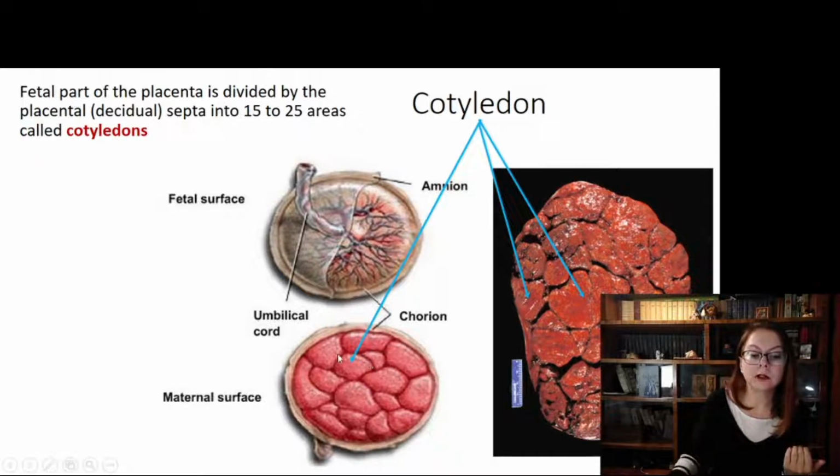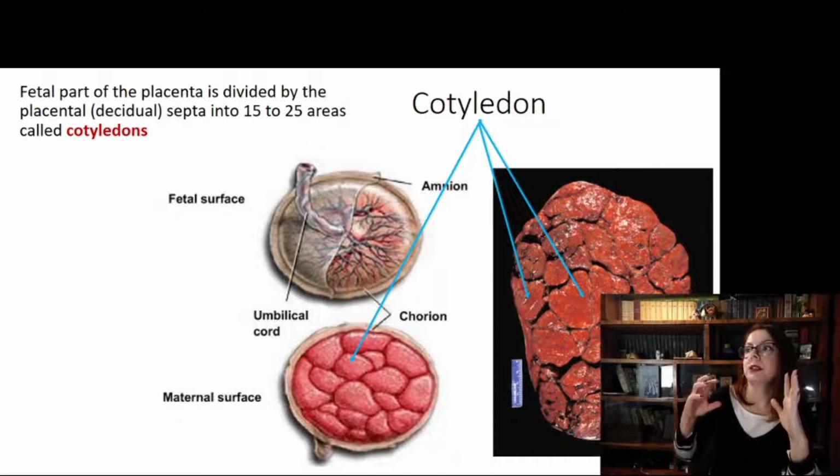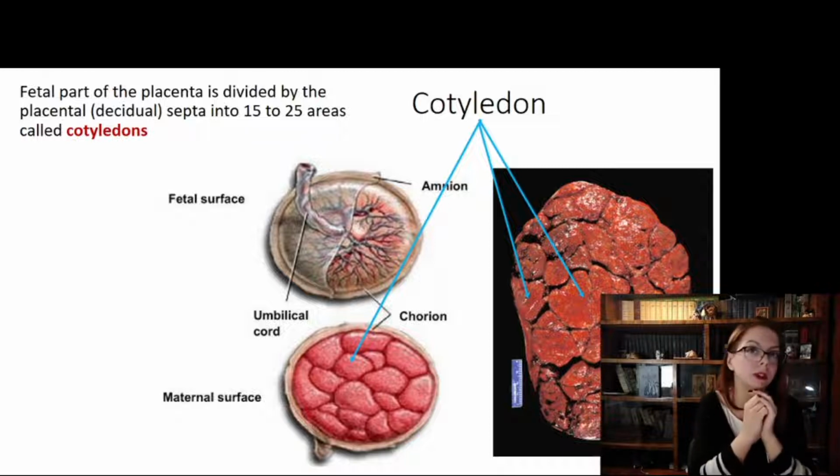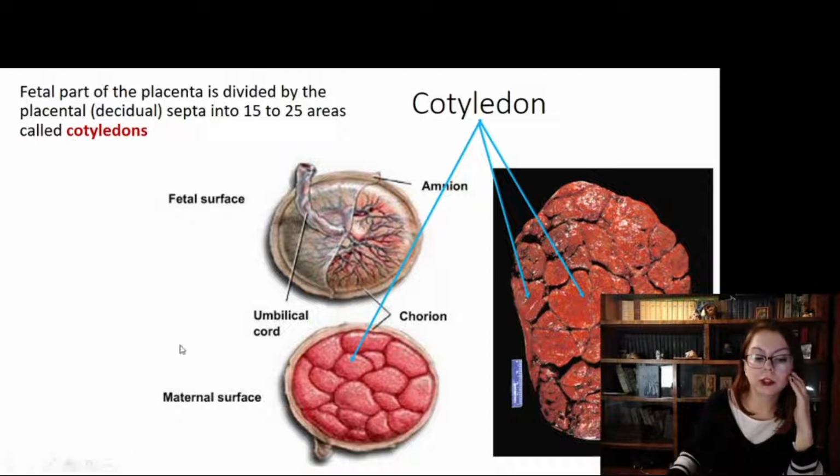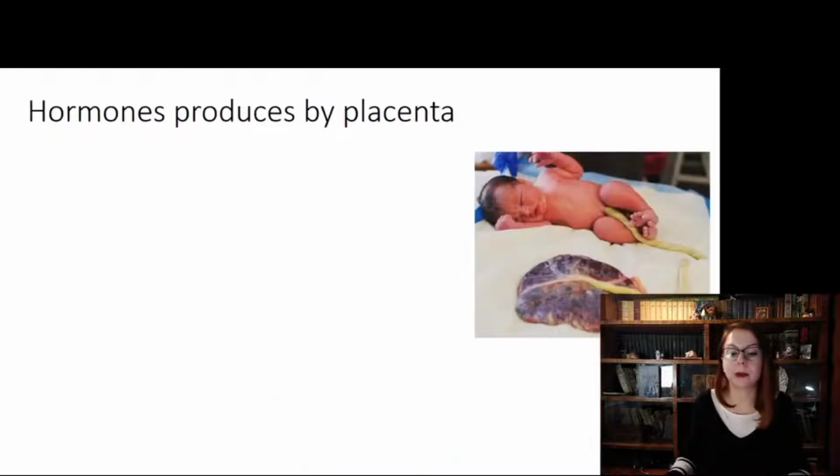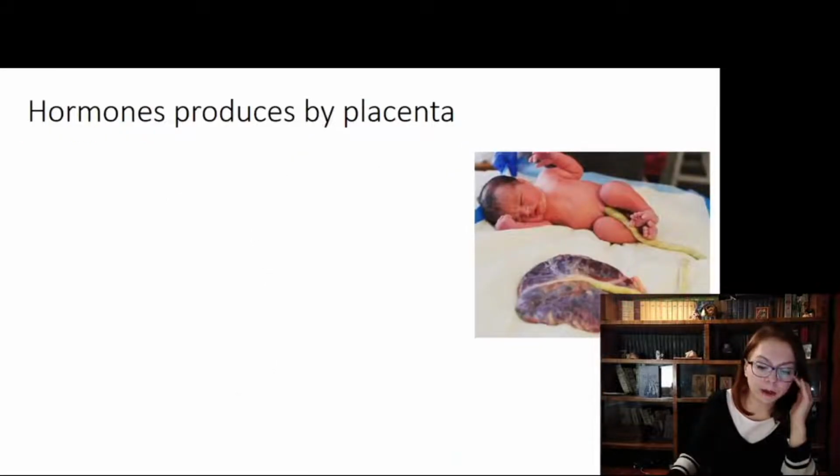We'll find that this fetal part of the placenta is separated into regions, because septa in the maternal part form regions in the fetal part. Those regions are called cotyledons. These structures can be distinguished with the unaided eye. Just remember.